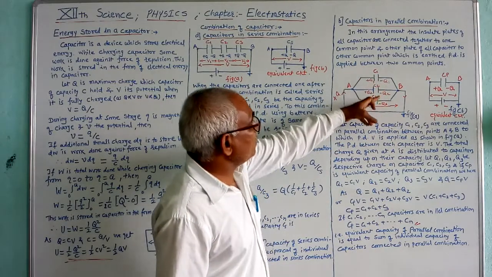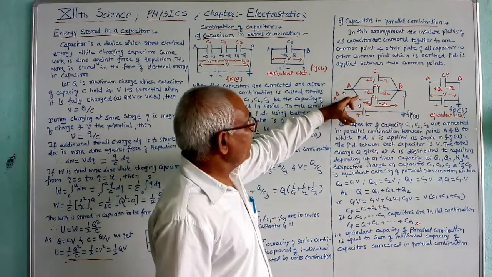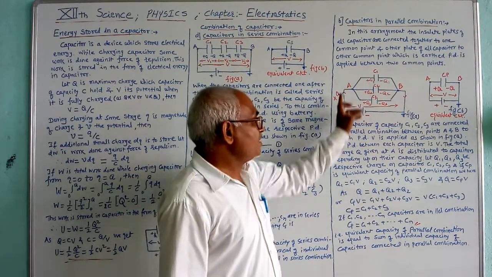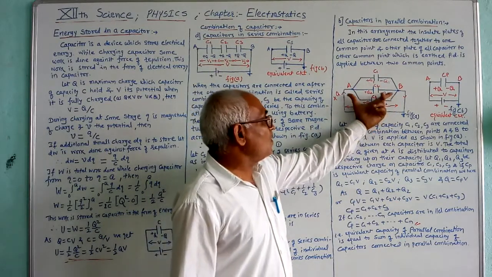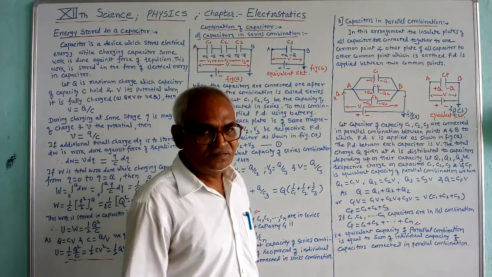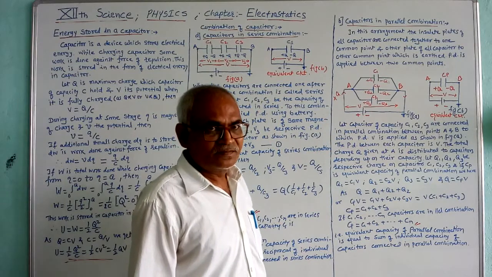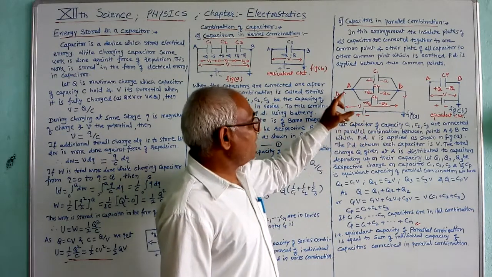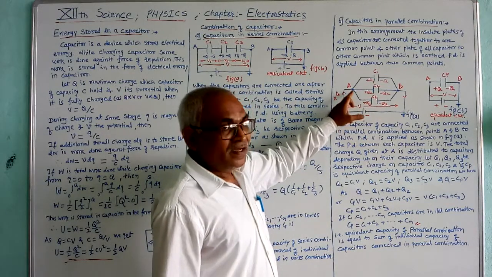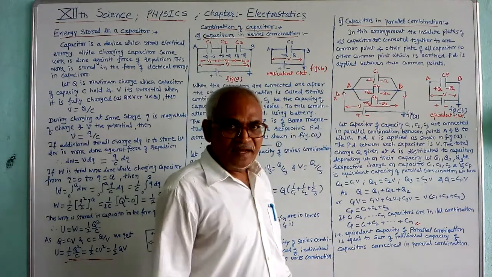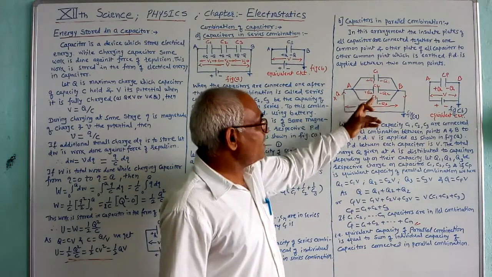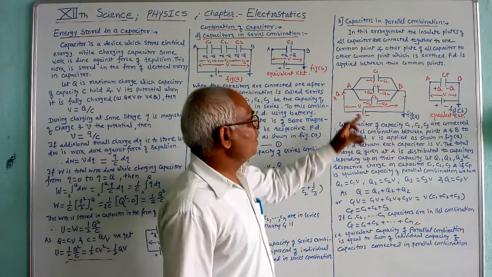Such a type of combination we call a parallel combination. To this parallel combination, between these two common points A and B, a potential difference is applied. This battery supplies total charge Q. That charge gets distributed in different capacitors in this parallel combination depending upon the capacities of the capacitors.